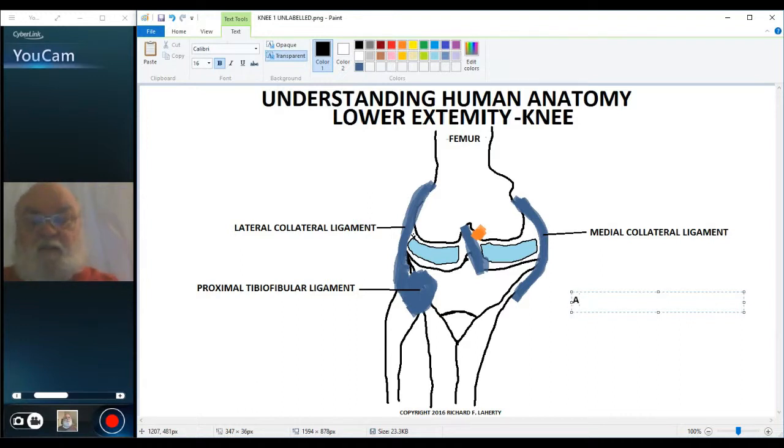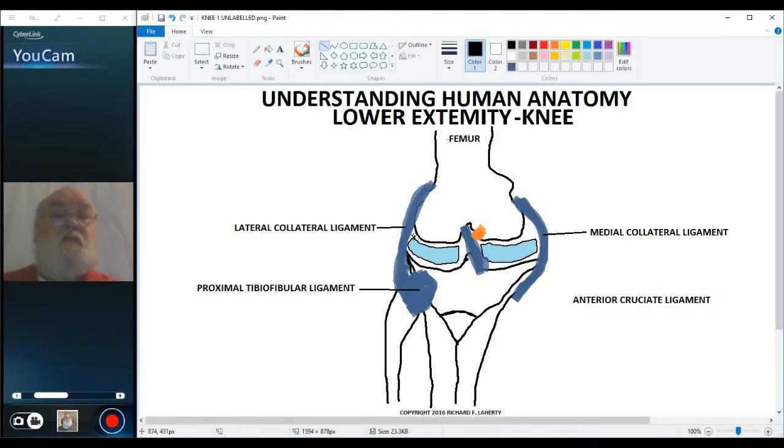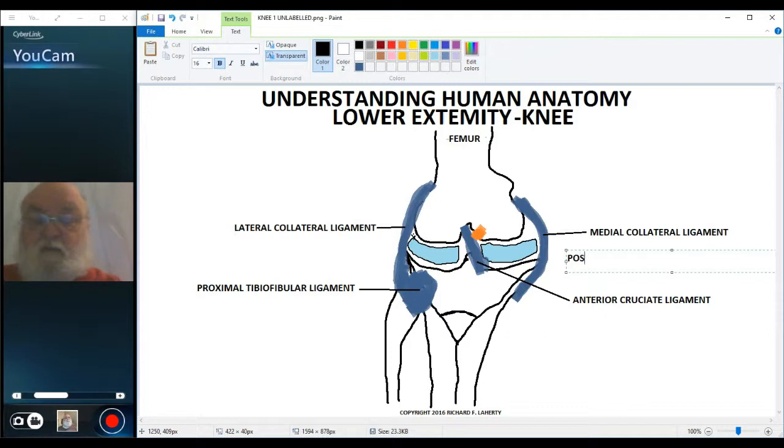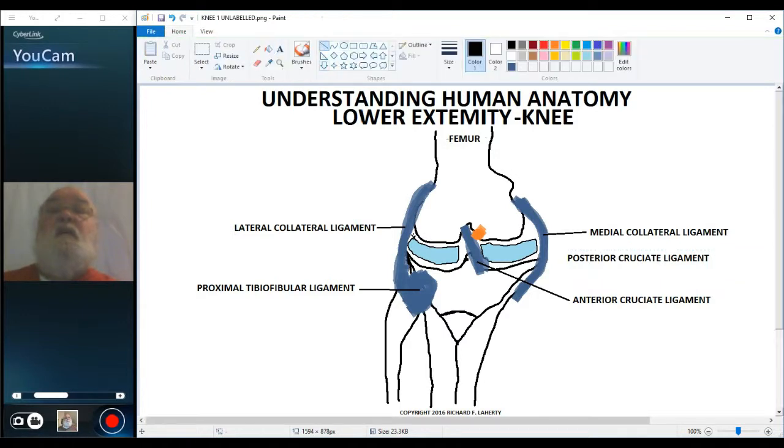So we have the anterior cruciate ligament, and we can just see a bit in the diagram the posterior, and again I've shown that in orange, and we can just see the little bit of the anterior cruciate ligament sticking out here as it attaches to the femur.